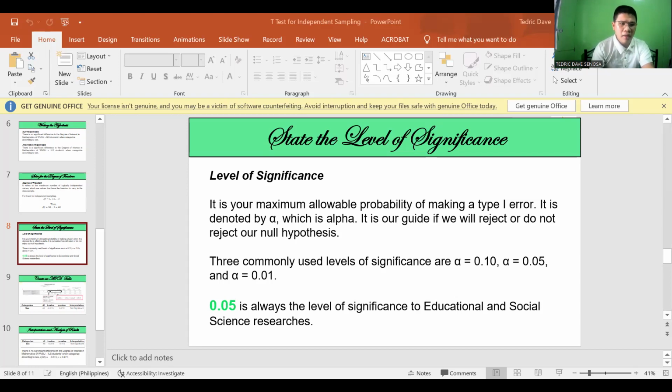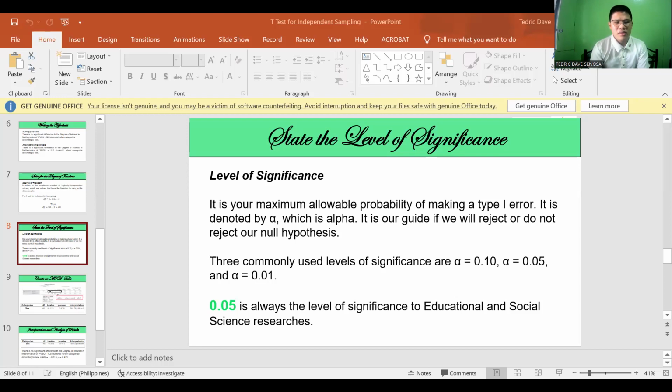Your grouping variable is sex, and of course your test variable is degree of interest, because that's the question: is there a significant difference in the degree of interest when grouped according to sex? Sex here is coded 1 for male and 2 for female.